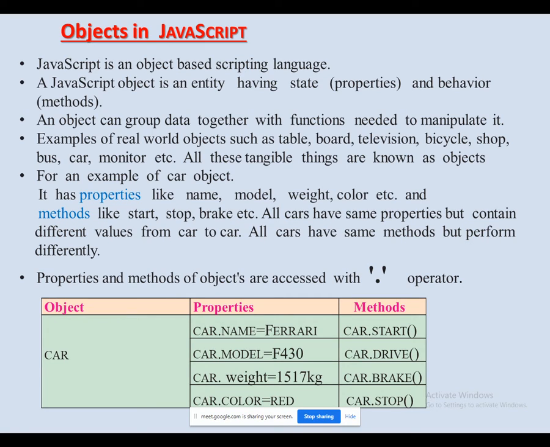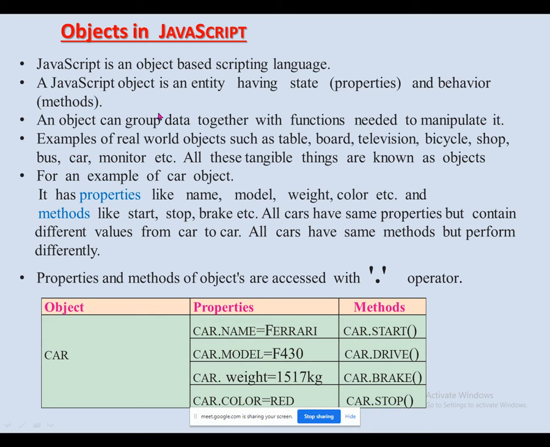What is an object? A JavaScript object is an entity having state and behavior. State means properties and methods. In JavaScript, there is one facet called an object. An object has two things: whatever particular objects are there, they may have some properties or some methods.